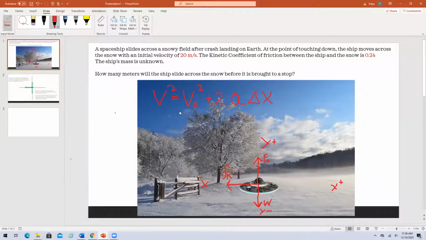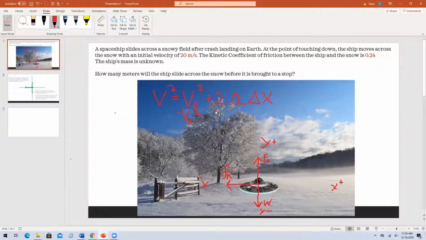So what I would want to do here, and there's a couple of different ways you can do this, but what I'm going to do is I'm going to subtract the initial velocity squared from both sides. Okay. And then once I do that, I'm going to end up with v squared minus v naught squared equals 2a delta x.